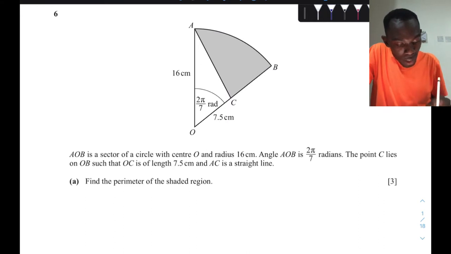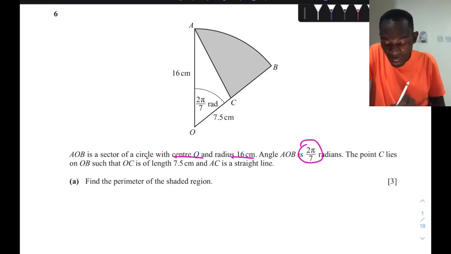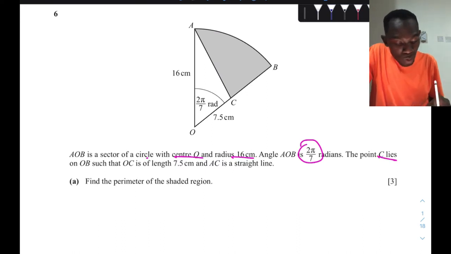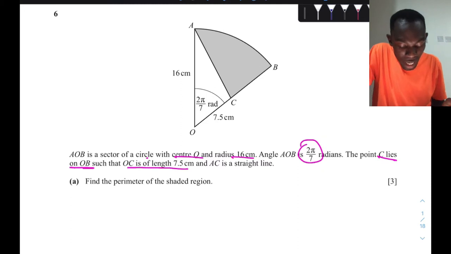We are told that AOB is a sector of a circle with center O and radius 16, and the angle AOB is 2 pi over 7 radians. Point C lies on OB such that OC is 7.5 and AC is a straight line.